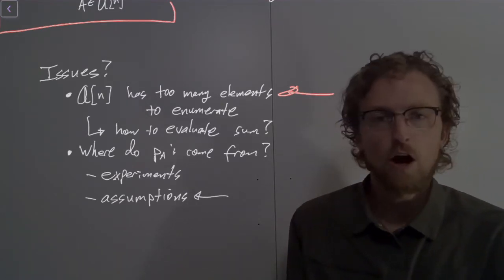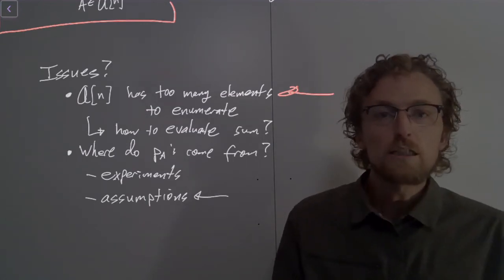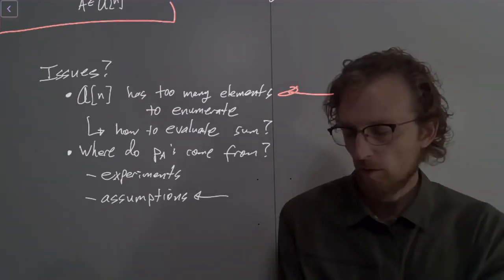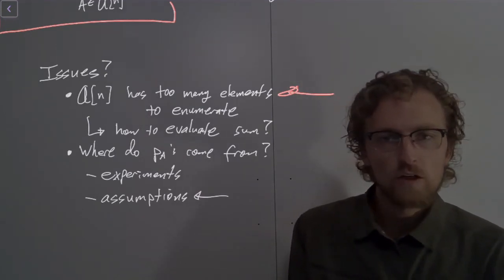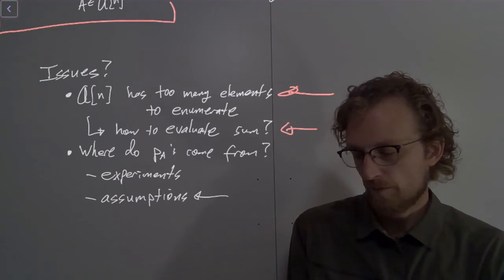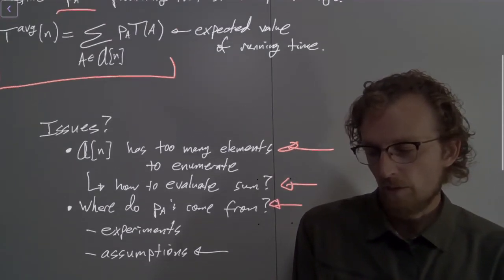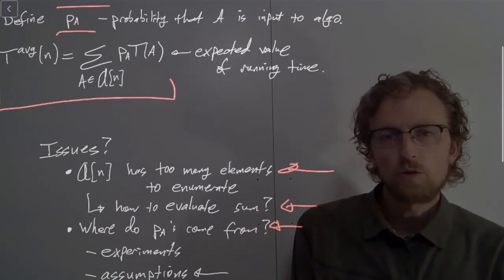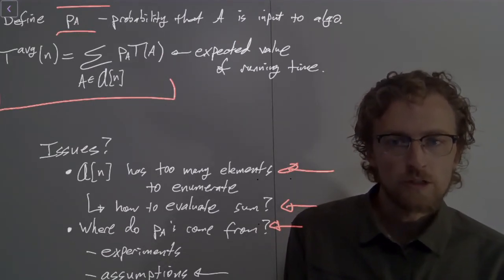In this case, there aren't infinitely many, but there are at least factorially many, probably many more than that. And so if we can't enumerate them, how do we evaluate the sum? And then the second question is, where do those probabilities come from? Where do our statistics about the possible inputs come from?